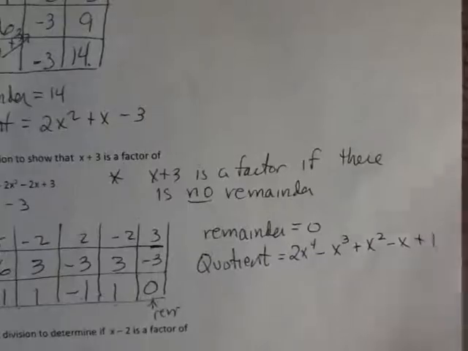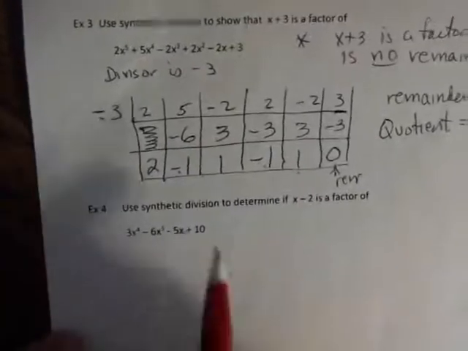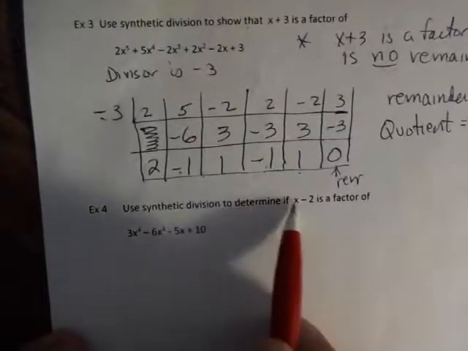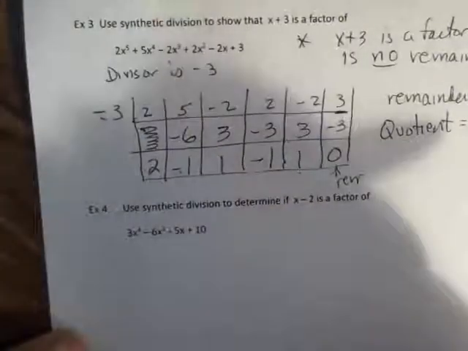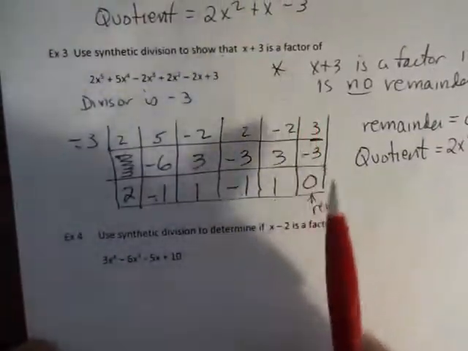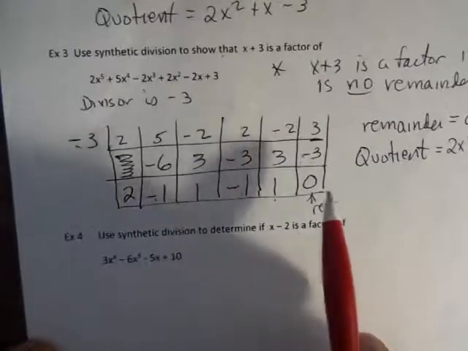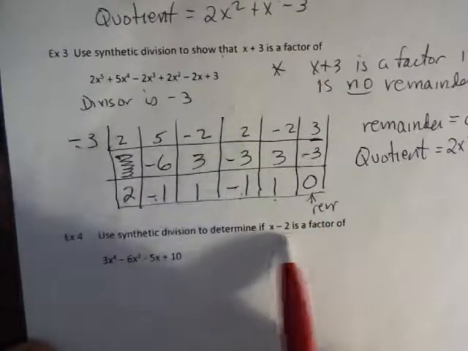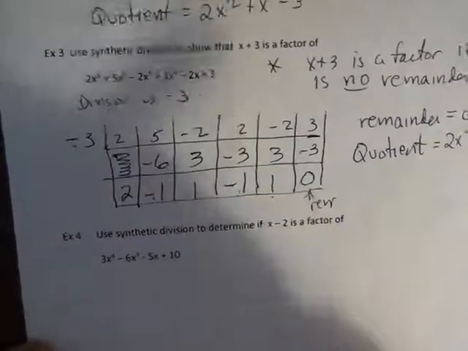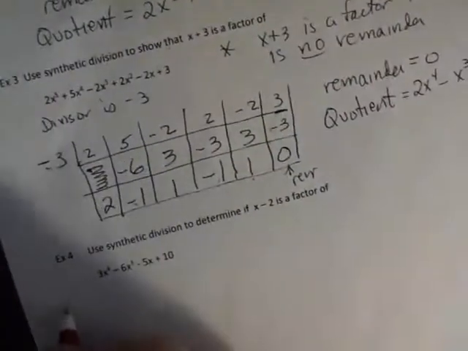All right. Last example, we want to use synthetic division to determine if x minus 2 is a factor. So up here we were showing that it was a factor. We're going to do the same thing here, but we just don't know. But again, in order to determine if x minus 2 is a factor, your remainder must be 0.